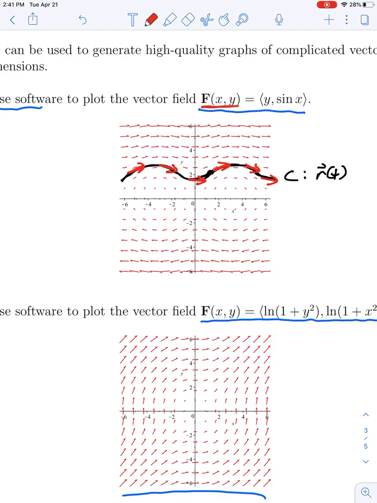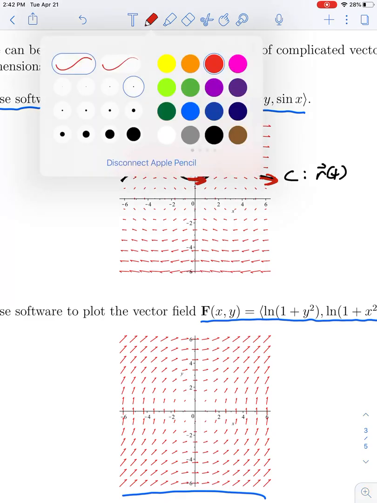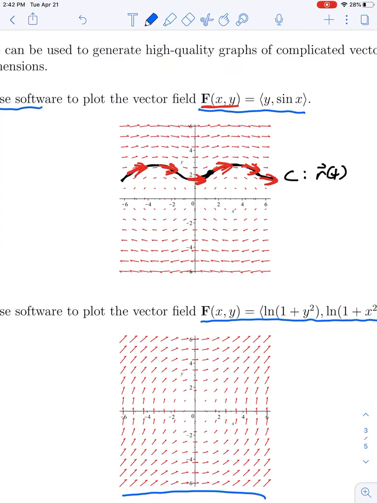So we see if we have a curve C, which is traversed in the same direction of motion of our arrows, if we're adding up all these positive values for the values of our vector field, f of x,y, then our circulation would be positive. However, let's say that we have a curve which is being traversed in the opposite direction of our arrows.